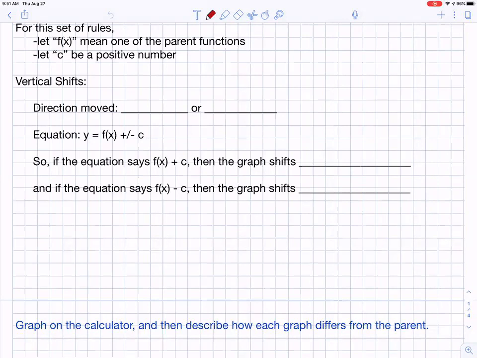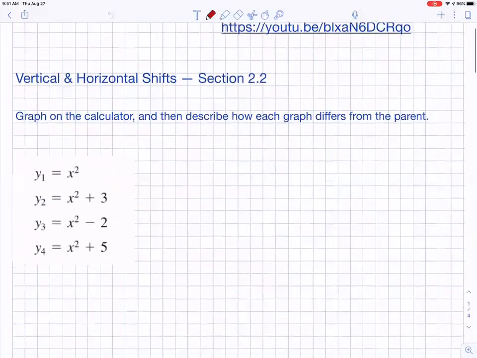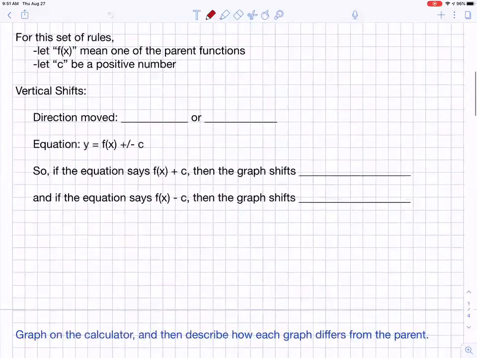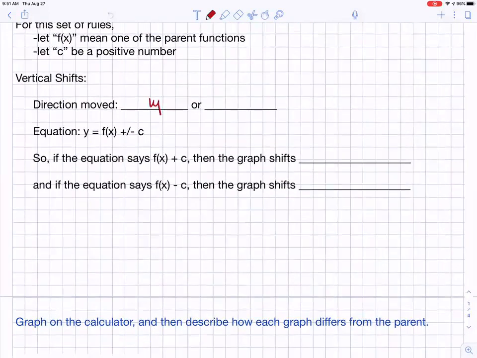It doesn't have to be, but for our sake, that's what we're gonna let it be. And so how did these guys move? Describe to me what direction these guys moved. Up or down, okay? So they moved up and down.